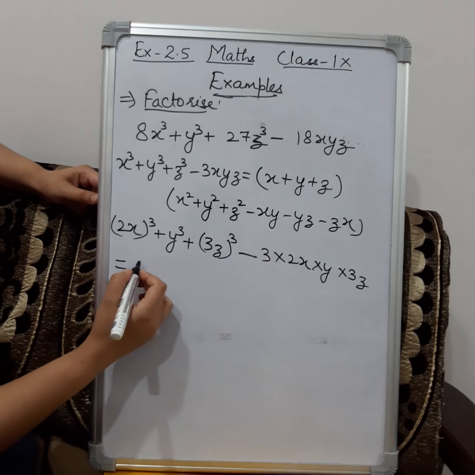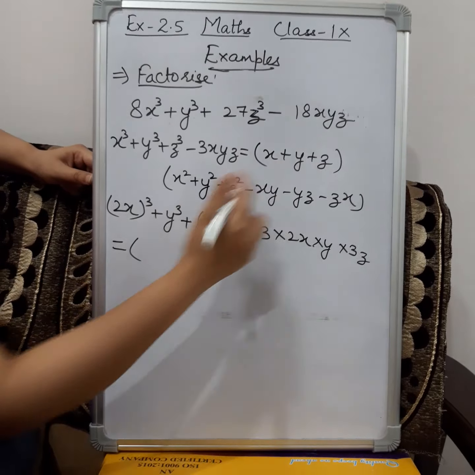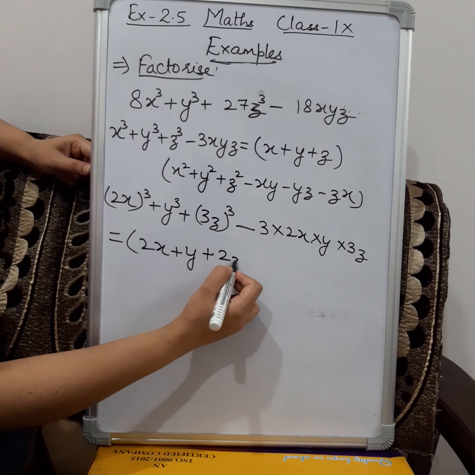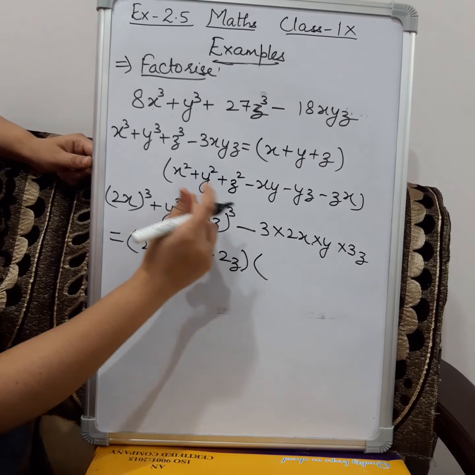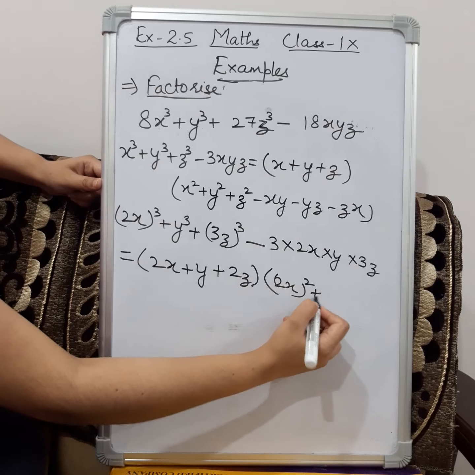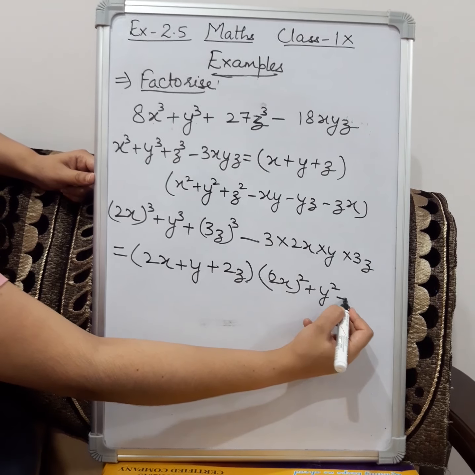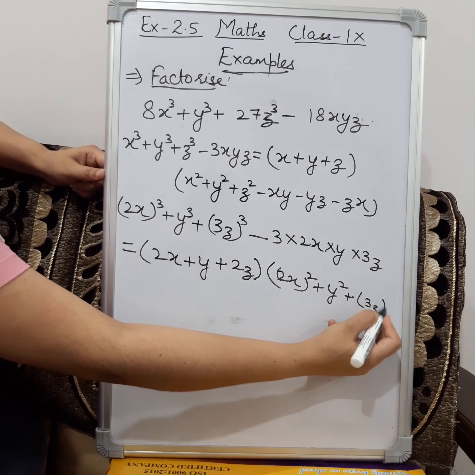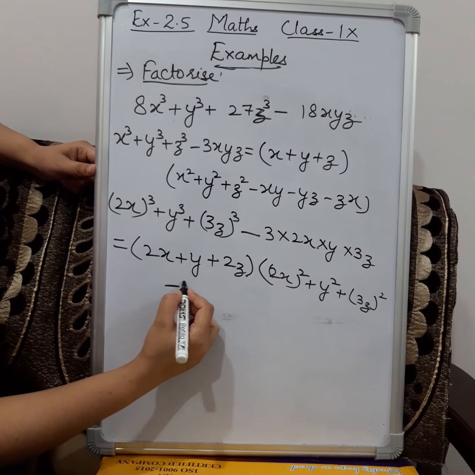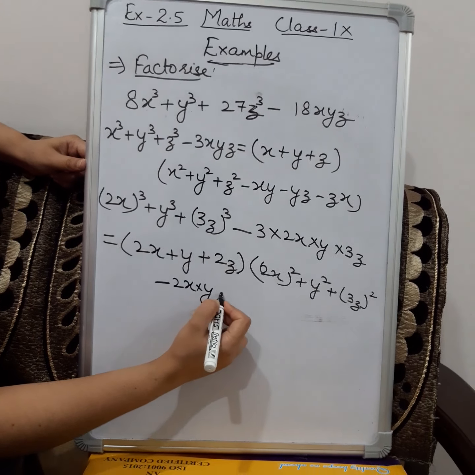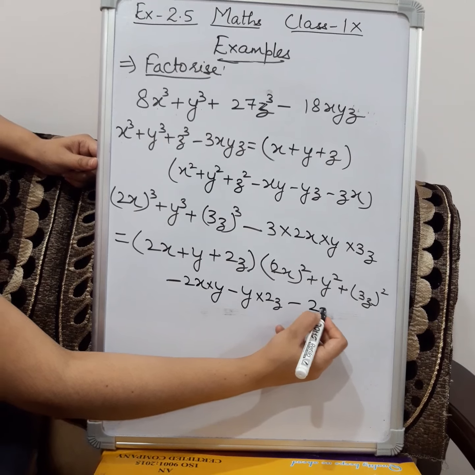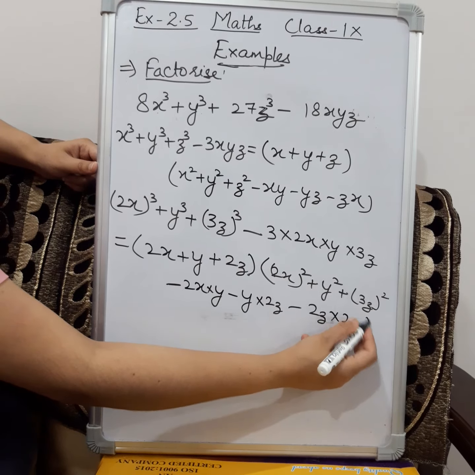Now the answer for this is, first is x plus y plus z. What is x? 2x plus y plus 2z, and in the second bracket we have x square plus y square plus z square minus xy, means 2x into y, minus yz, minus zx.